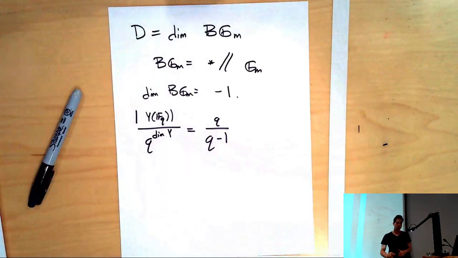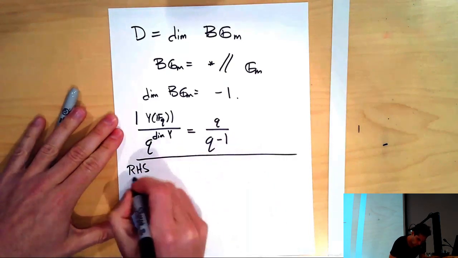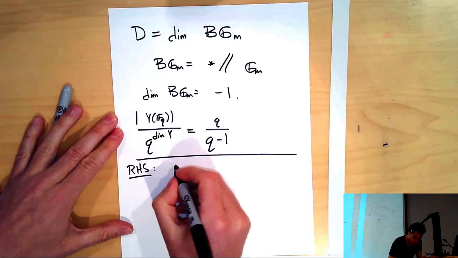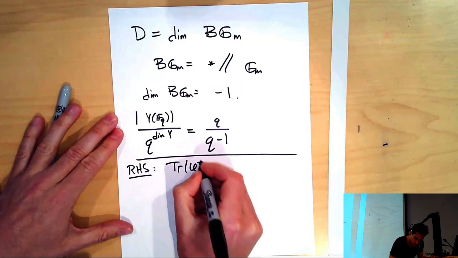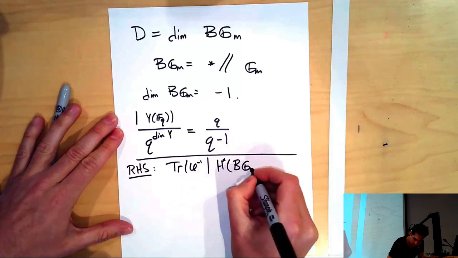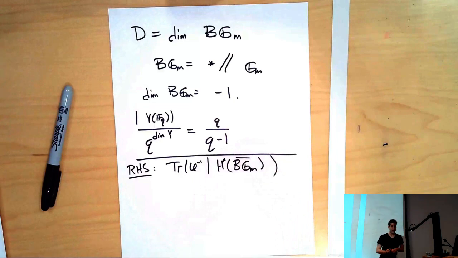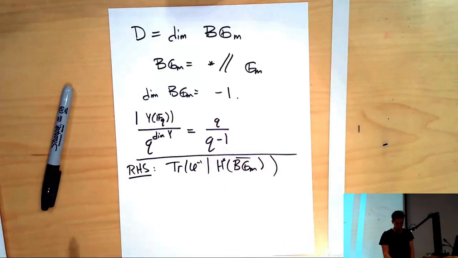Let's talk now about the right-hand side. So the right-hand side of the trace formula would be the trace of Frobenius inverse on the cohomology of the classifying stack of the multiplicative group. And I'll put a bar here to remind you we're over the algebraic closure of FQ.